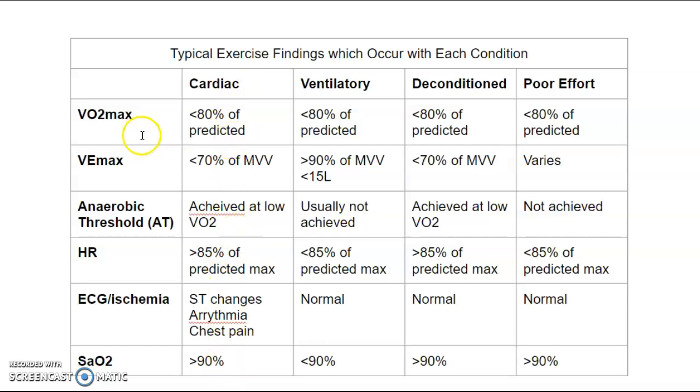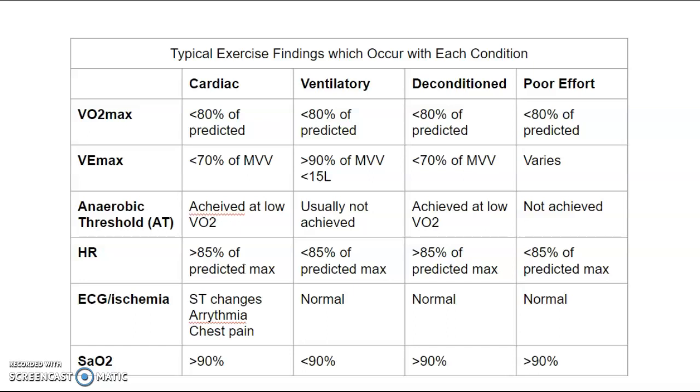For example, your VO2 max would be less than 80% of predicted. Your minute ventilation max might be less than 70% of their maximum voluntary ventilation. Their anaerobic threshold will be achieved at a low VO2. Their heart rate will be greater than their 85% of predicted maximum.